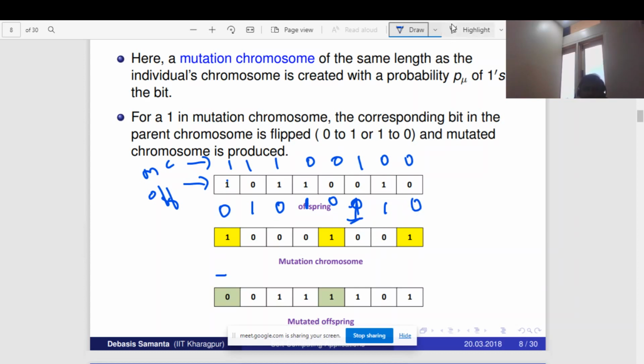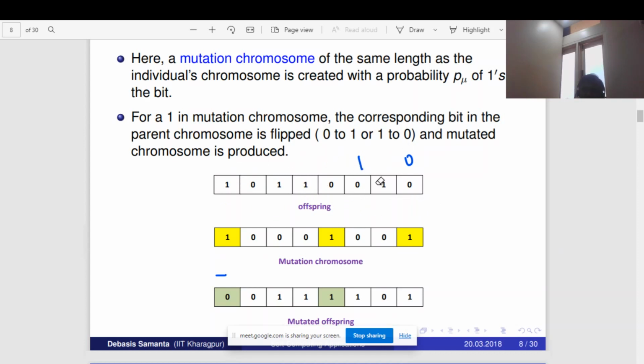This is what flipping does. Basically it selects some set of bits with a probability of mu p, and those bits will be flipped. That's it.